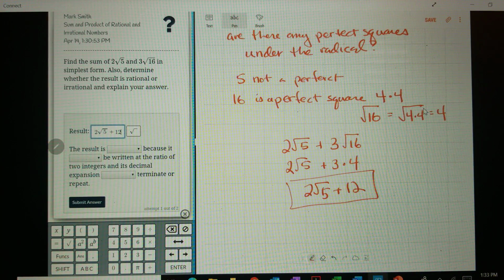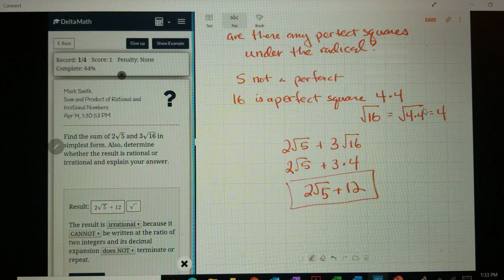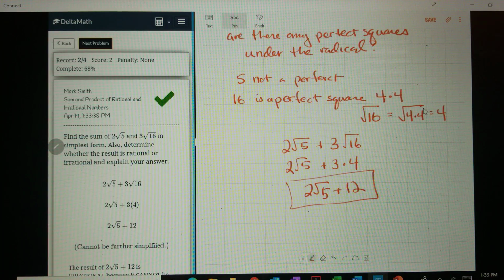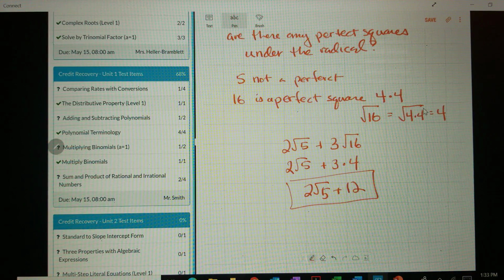So when you add a rational and an irrational number, you get an irrational number. So the result is irrational. Anytime you see one of these square roots, that means it's irrational because it cannot be written as a ratio and it does not terminate or repeat. And that's our answer. So we're seeing that the second part of this, which seems a little complicated, is actually pretty easy.